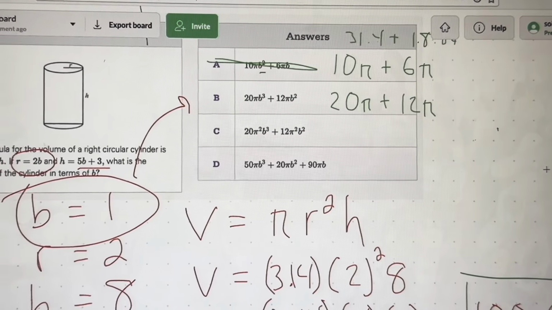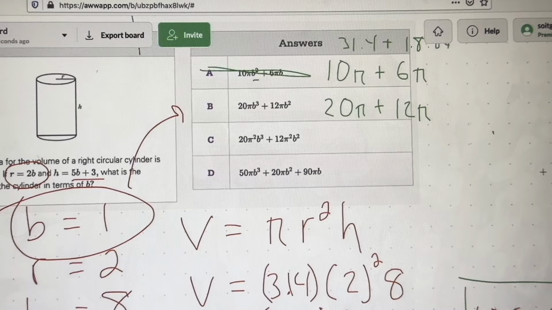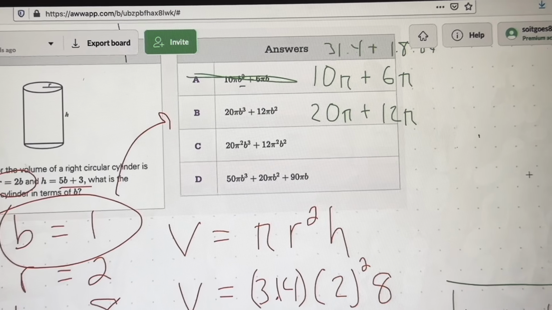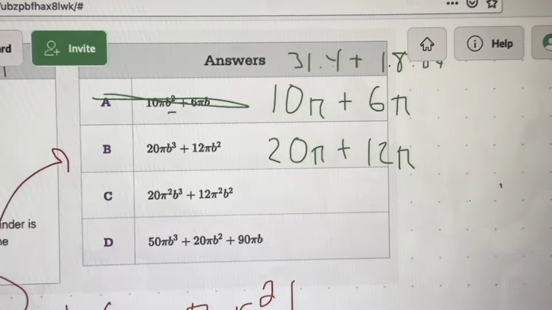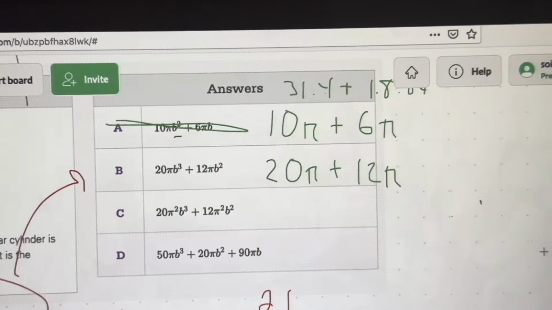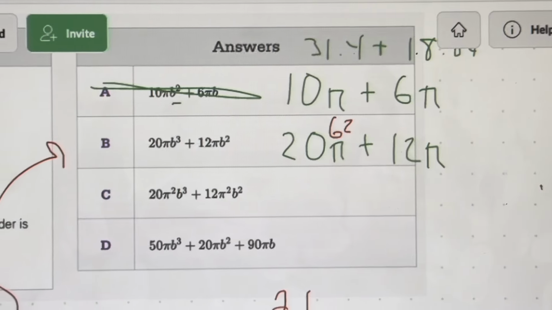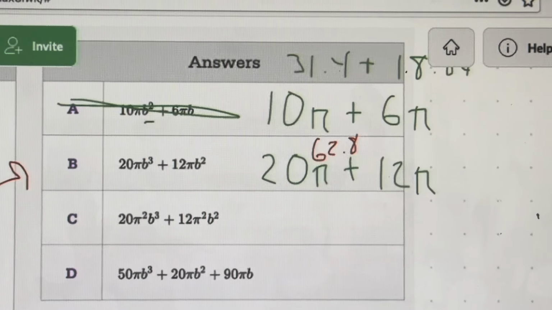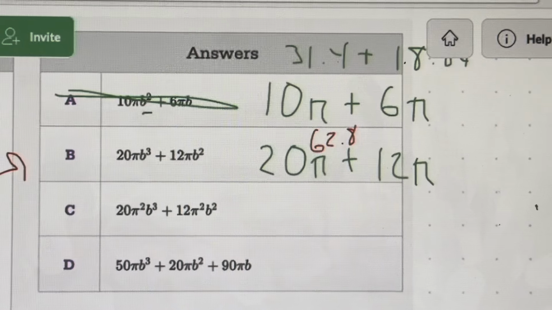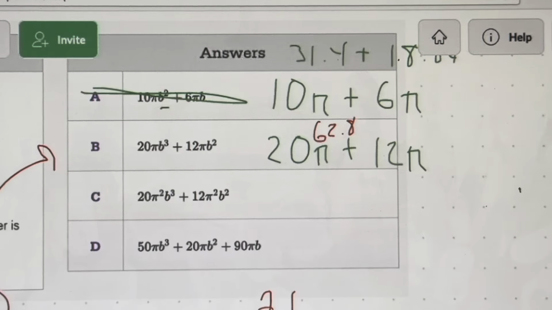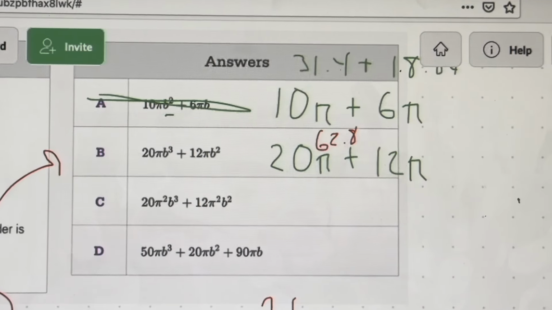All right. So 20 times pi, times 3.14, what does that give me? I think 62.8. That's what I got. You plugging this all into your calculator?